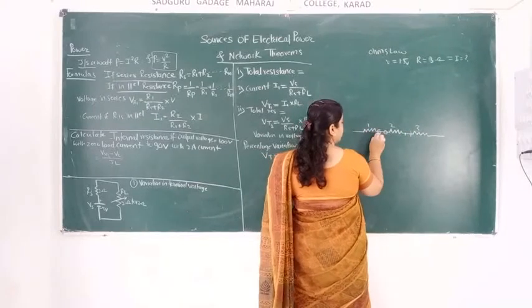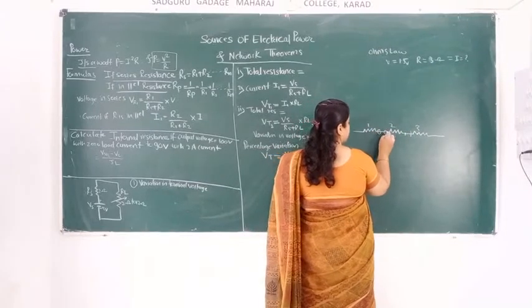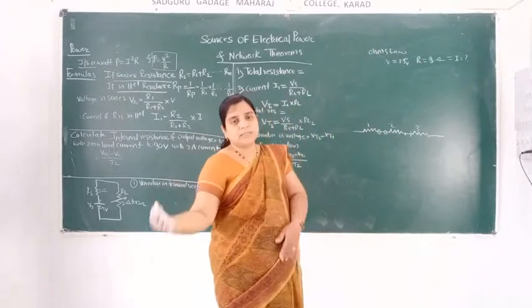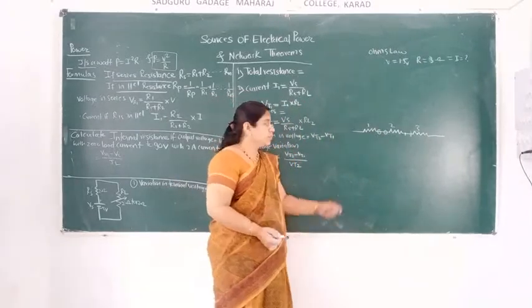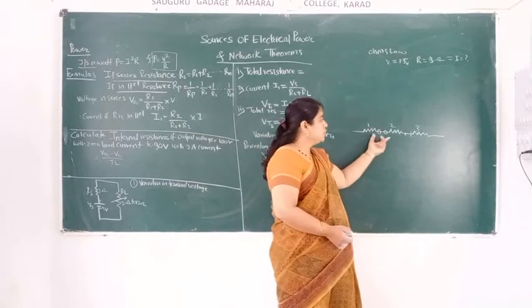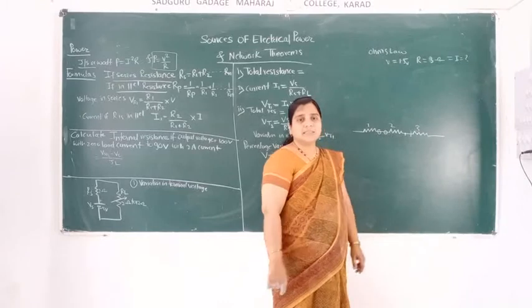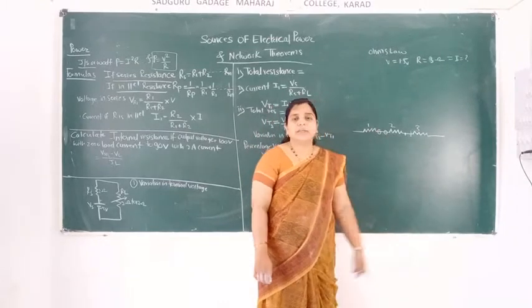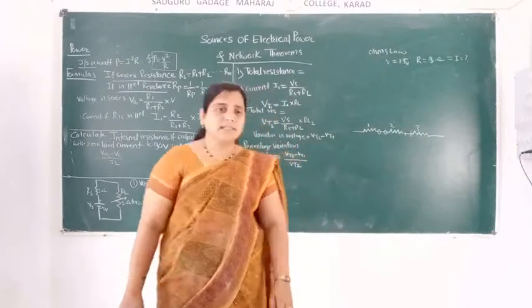The output of the first terminal is connected as the input of the second terminal, and again the output of the second is connected to the input of the third. Input means we give something, output means we get something. There are two terminals, an input terminal and an output terminal. If both are connected in series, the output terminal of the first is connected to the input of the second. That is called series.